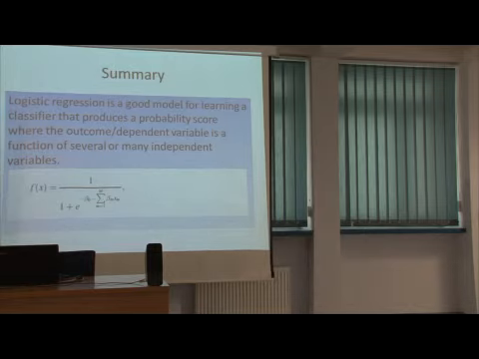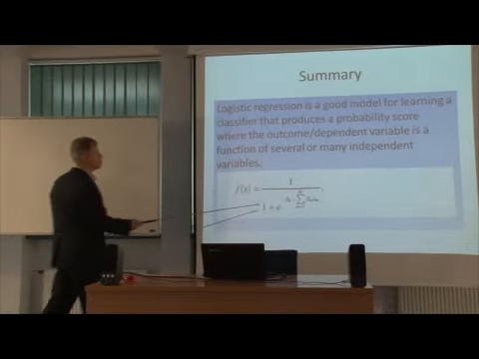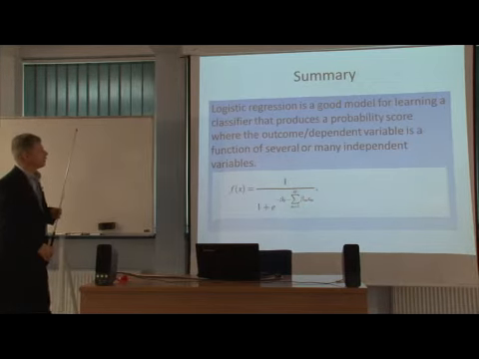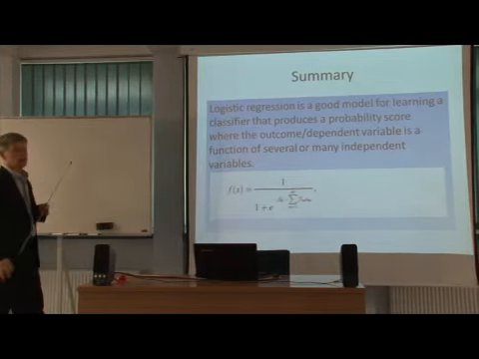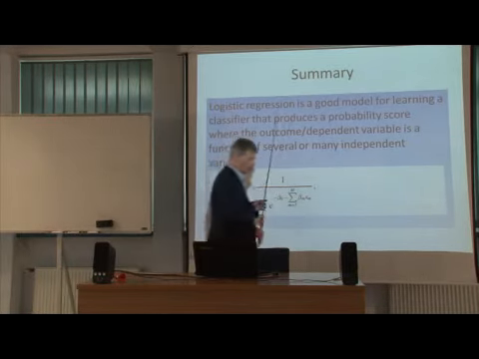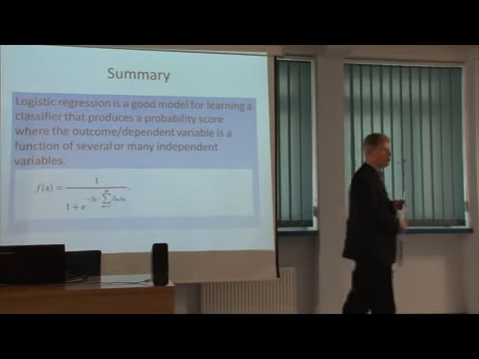All right, so logistic regression is a good model for learning a classifier that produces a probability score. And usually that happens when we have quite a few features. It's probably one of the best models, and if you ever work with machine learning, it's definitely something to consider.